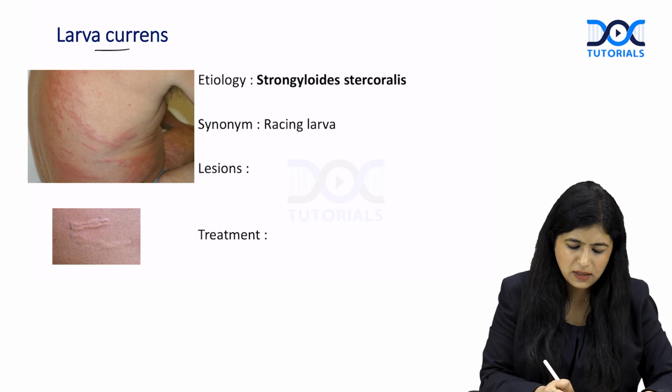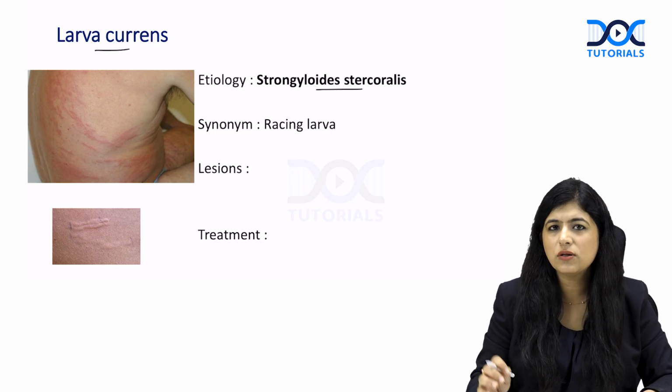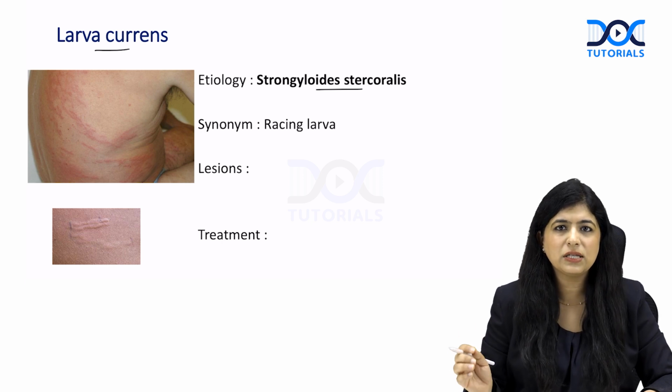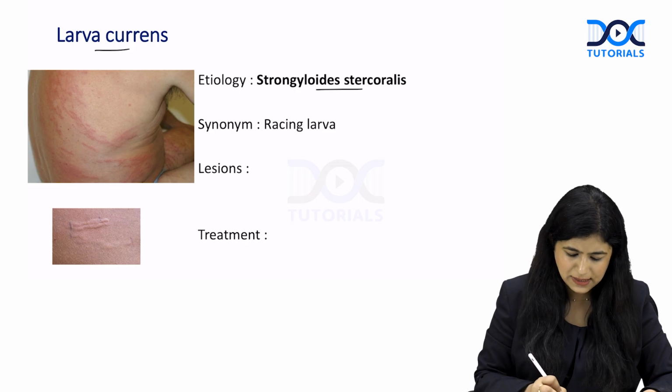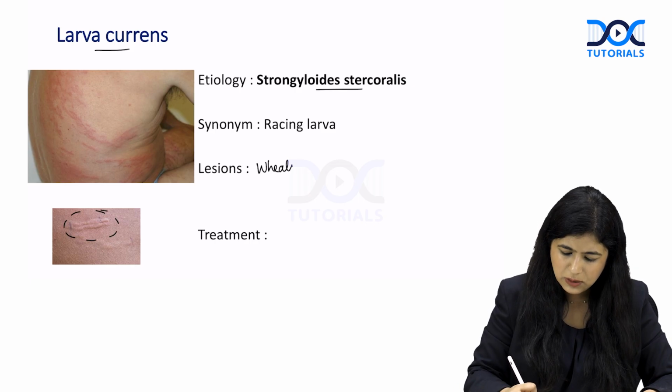So next we have larva currens, which is caused by Strongyloides stercoralis, also called the racing larva. Here also there might be history of contact with soil contaminated with animal feces. The lesions here are classically wheals, which are itchy.